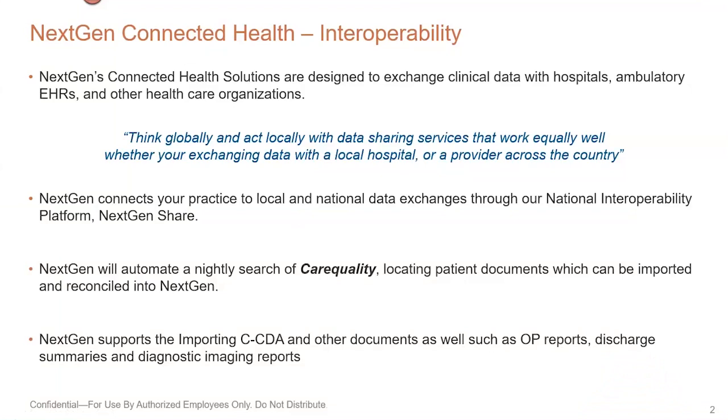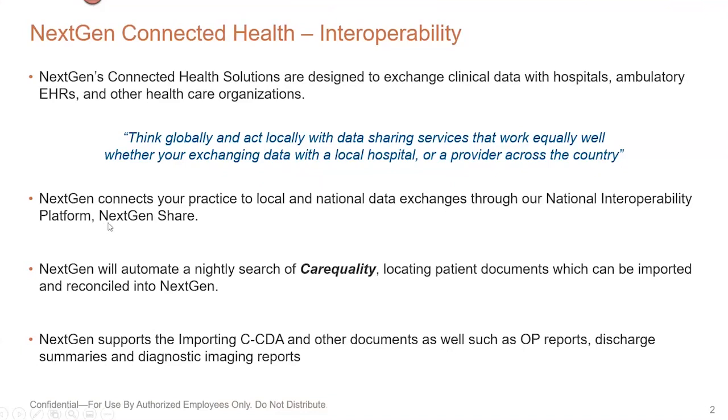I like this little quote here: think globally and act locally, with data sharing services that work equally well whether you're exchanging data with local hospitals or providers across the country, which basically means with NextGen, you have the utilities to tap into other EHRs to pull that discrete data back into your system, review that information and reconcile it into NextGen.